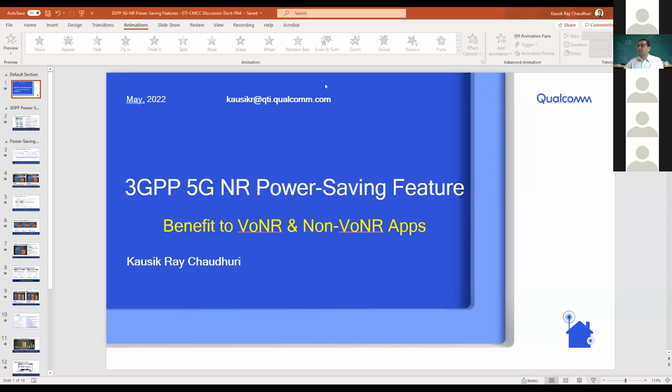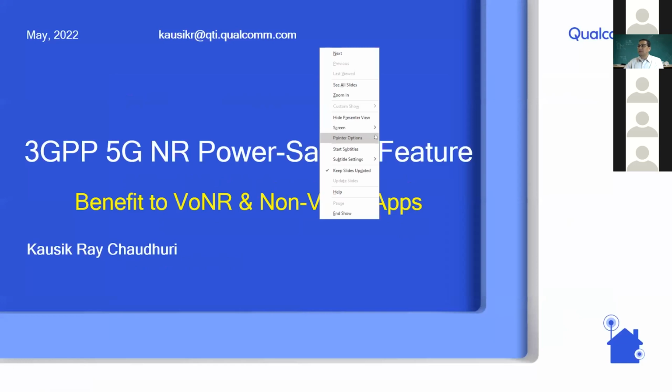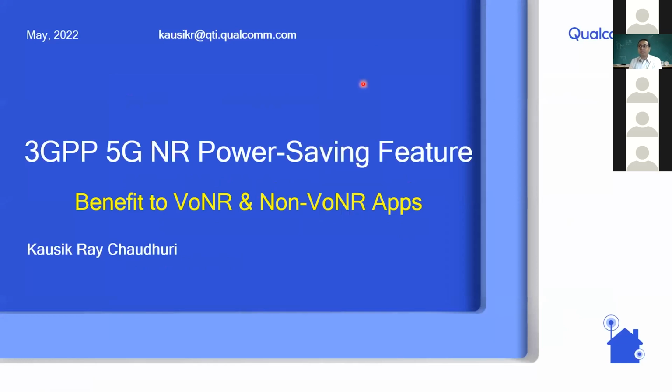So we will talk a bit about various power saving features that were introduced in 3GPP, and from the Qualcomm side, we are working closely with our customers in China and elsewhere to make the ecosystem work and be able to realize the benefits.